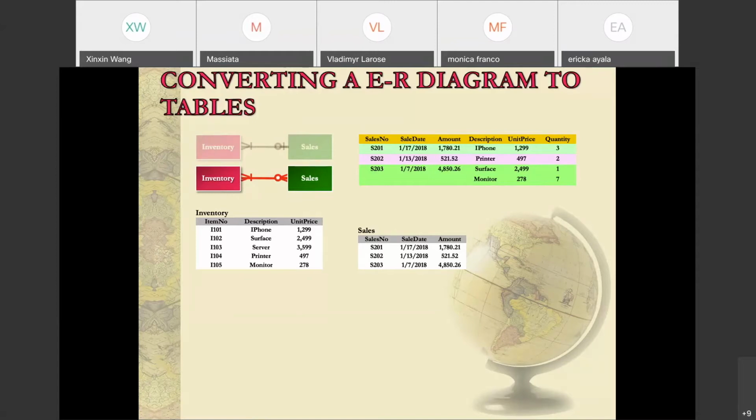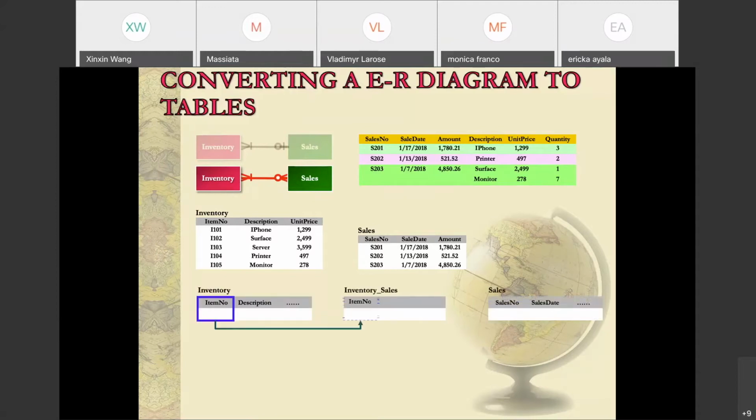For the inventory table, we build up a new table, right? First is the inventory table and the sales table, and then we have the inventory sales table. We use the item number and sales number as a composite key for the inventory sales table.